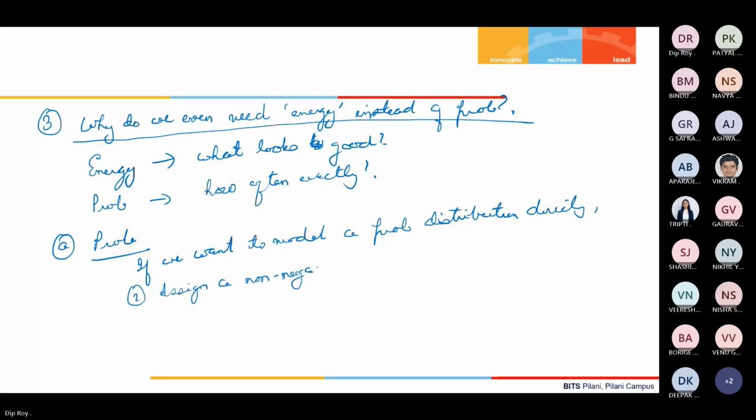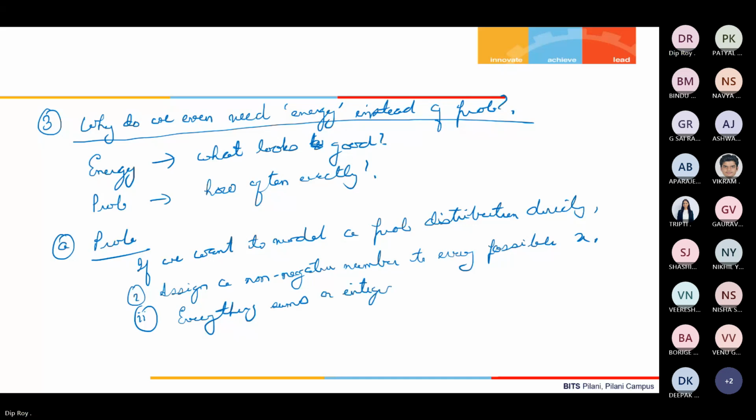The second thing that you need to do is make sure everything sums or integrates to 1. That's a key property.